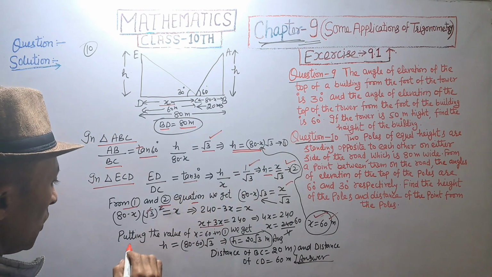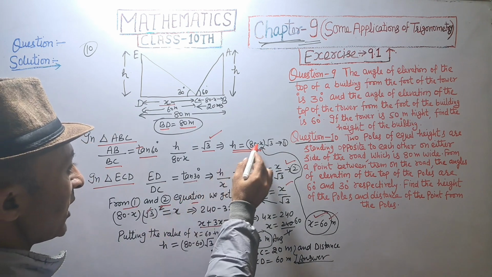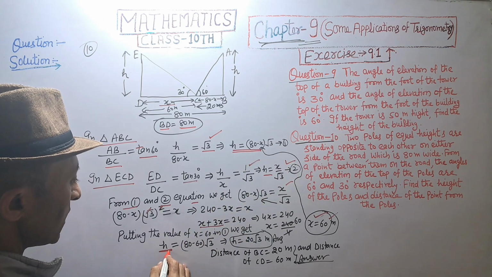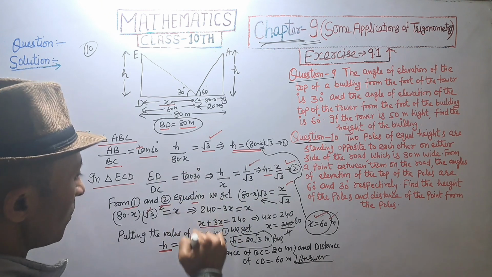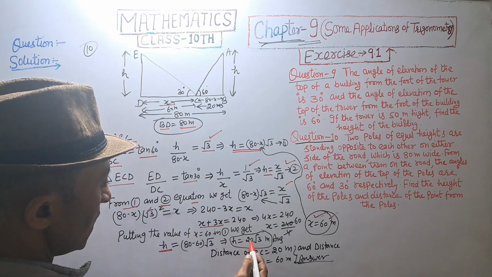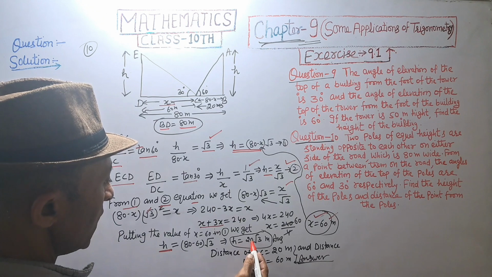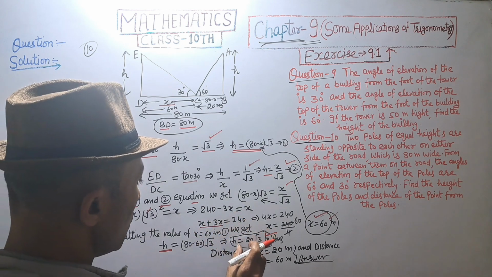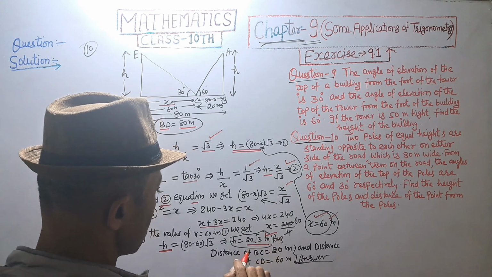So h is equal to 80 minus 60 root 3. We get the value of h, that is height of poles. H equal to 80 minus 60, that is 20 root 3 meter. Height of poles is equal to 20 root 3 meter. Answer.